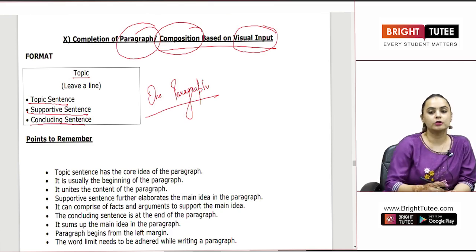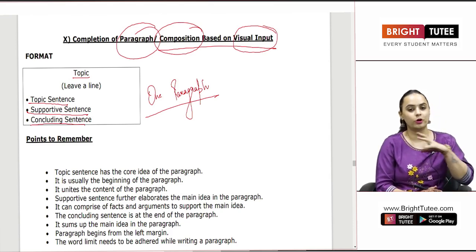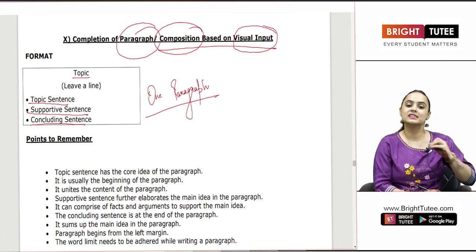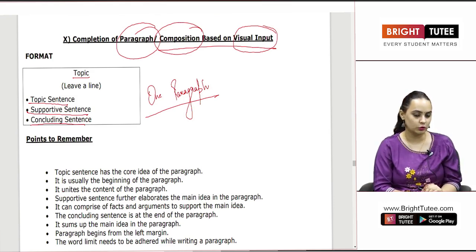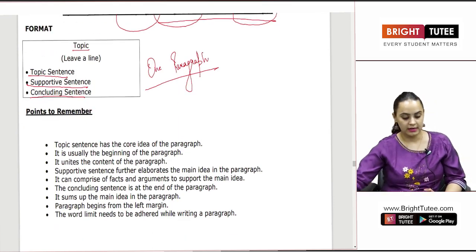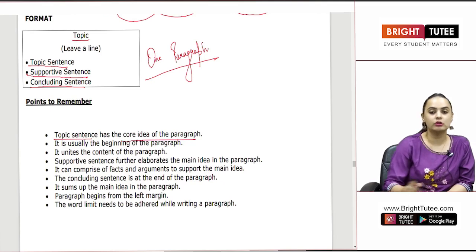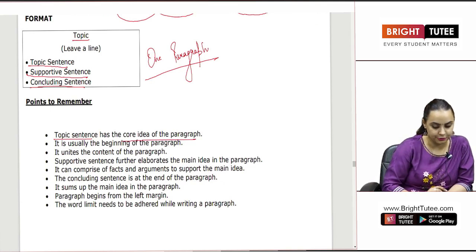Followed by the concluding sentence. The last sentence has to come at the end. Whatever is the summary, whatever is the final message that you wish to conclude with, we write it at the end. So like I told you, the topic sentence has the major idea of the paragraph.